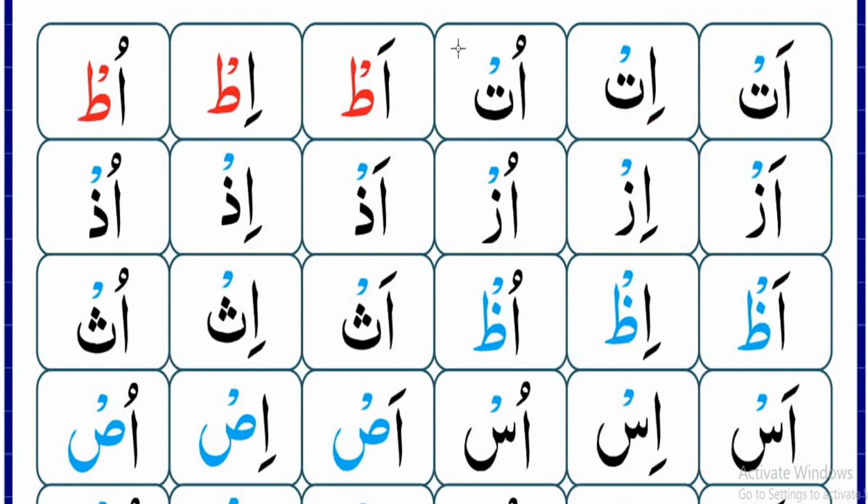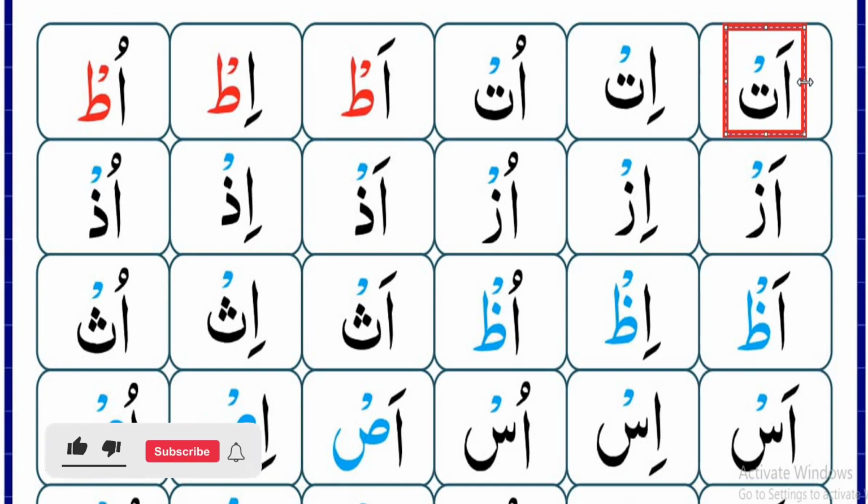Now, a Sakin letter you can only read if you connect it to the previous Mutaharrika letter. The only way to read a Sakin letter is to connect it to the previous one, because this sign Sukoon basically connects.